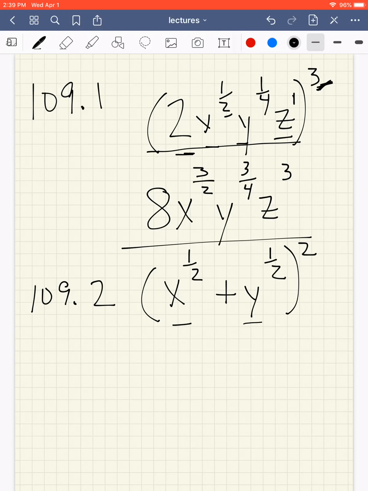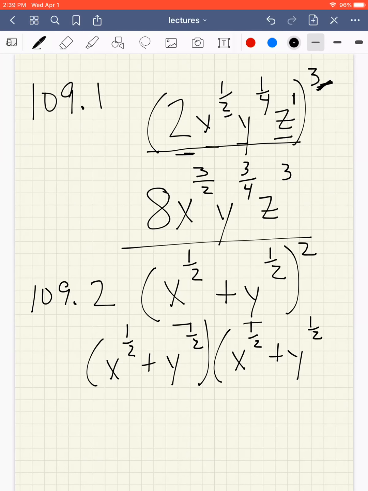We can't just raise each term to the second power. And if it will help you, you might want to rewrite this as x to the 1/2 plus y to the 1/2 times x to the 1/2 plus y to the 1/2, so that you can see we have to use FOIL to square this binomial.